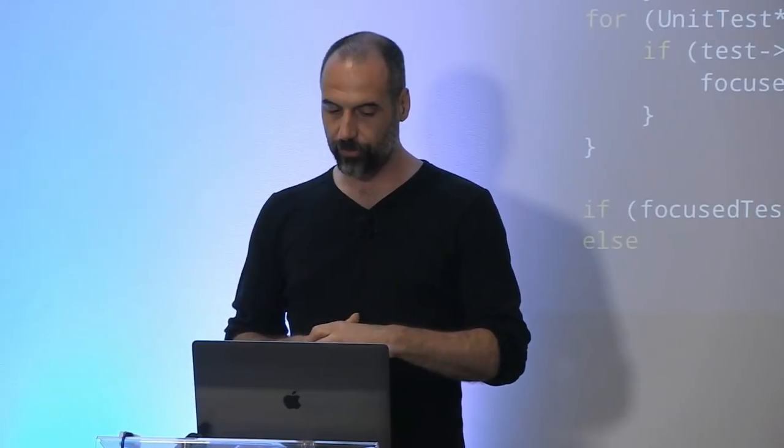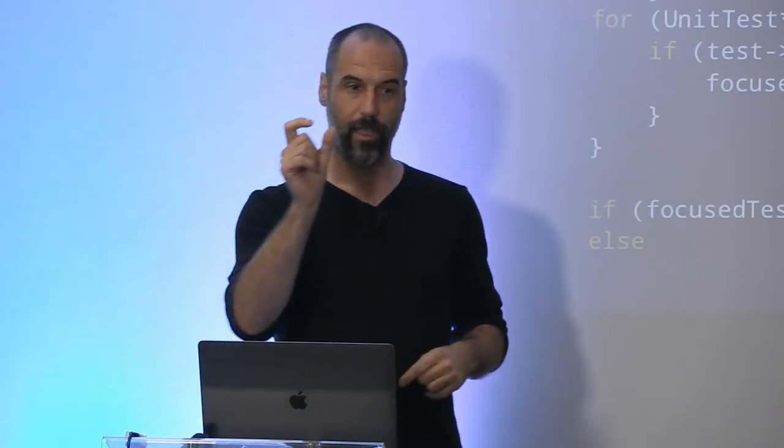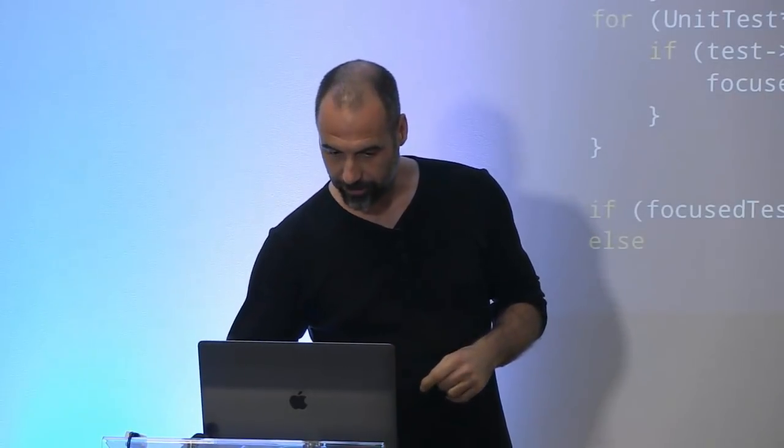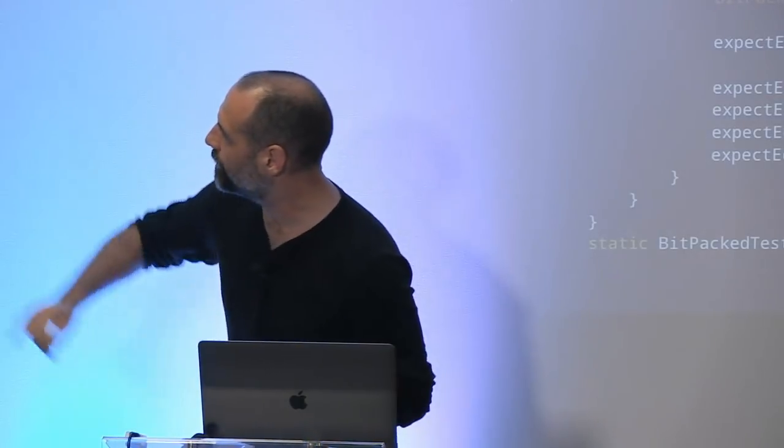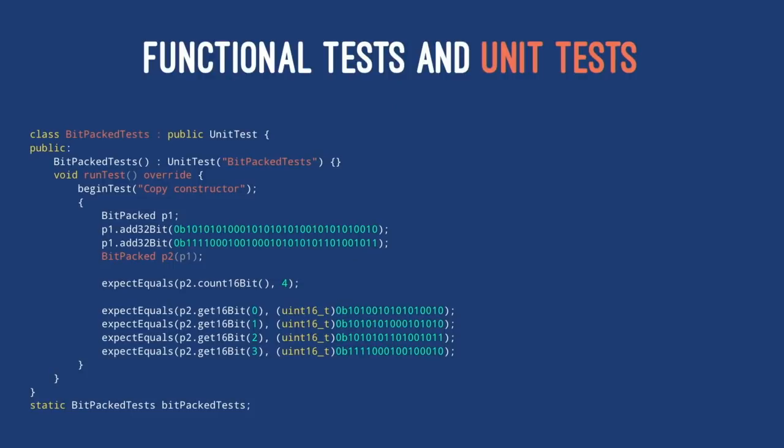With JUCE's test runner, you have to explicitly add the tests that you want to run. So one thing we're doing, and it's a little stupid trick, is this: let's go back to an example here. You can see that the unit test has a name, which is called bit-packed tests.